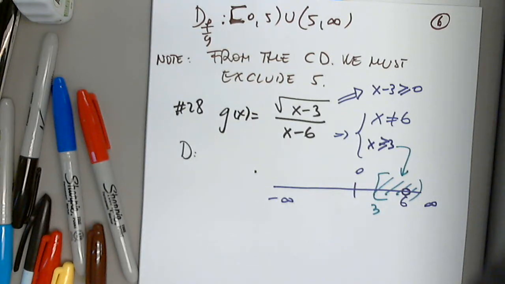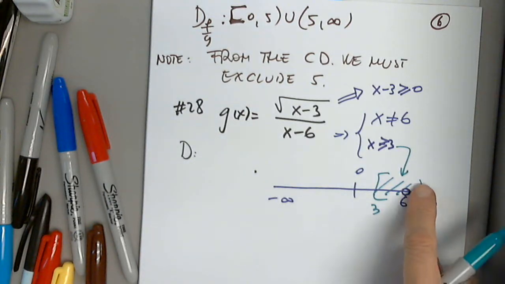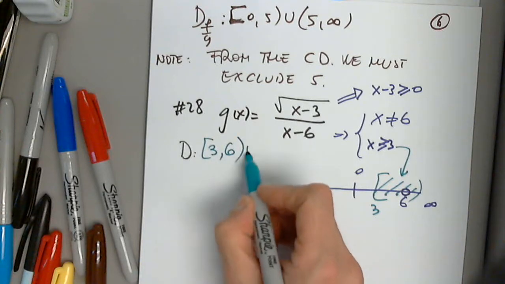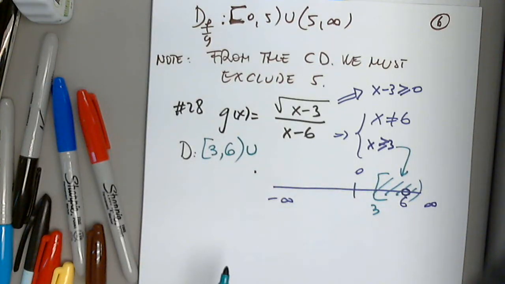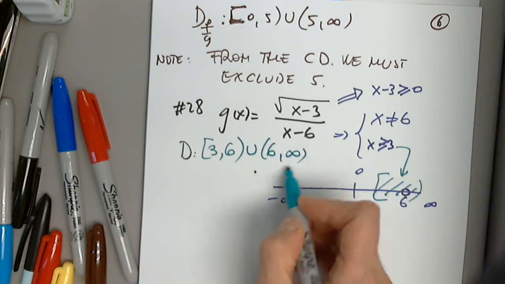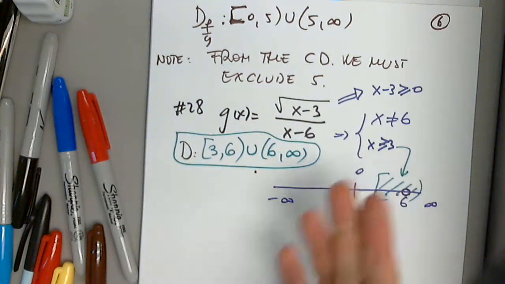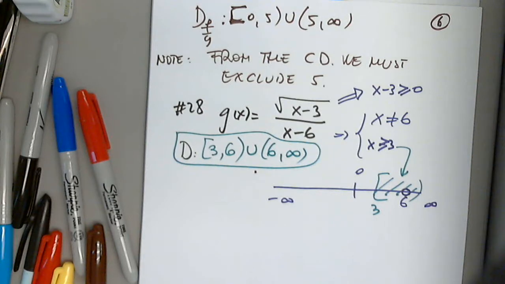It would be 3 to 6, and then 6 to infinity. Is that clear? But if you don't want 6, why would it be a bracket? It'd be parentheses.